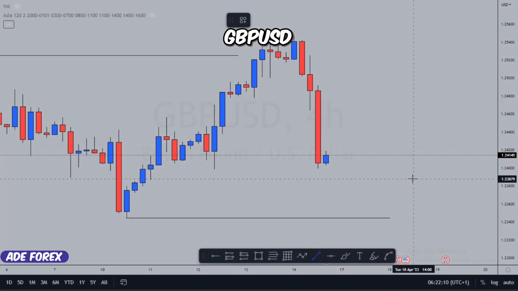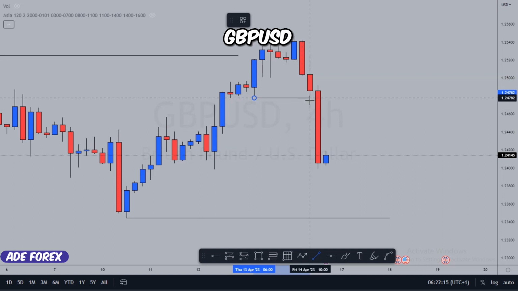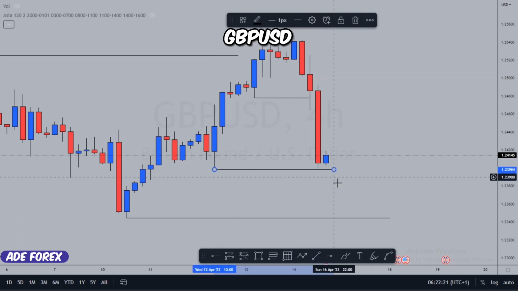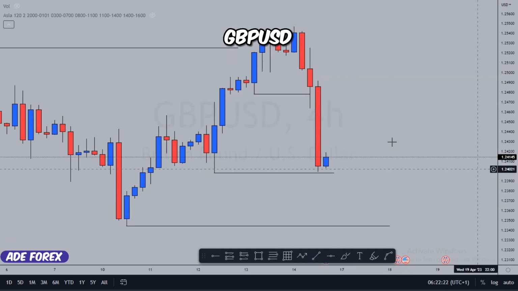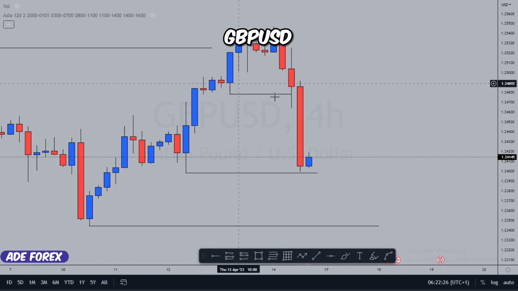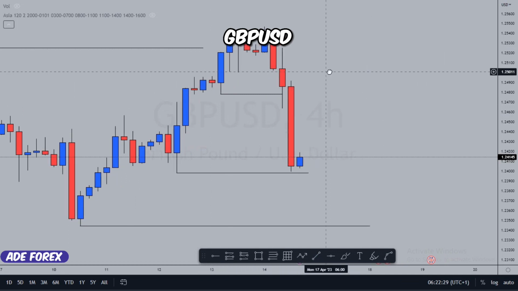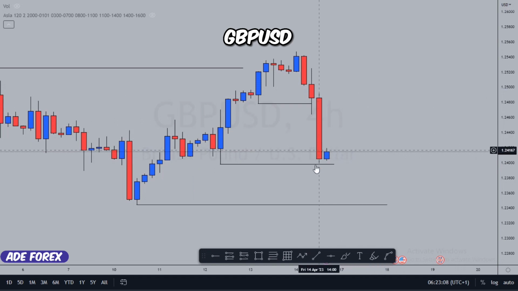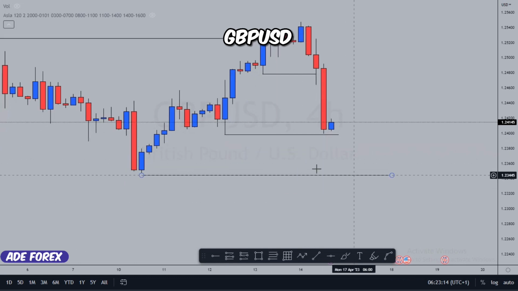Now, following the 4-hourly time frame market structure, we can see that the market actually broke this low, if you want to use this low as your low. And if you want to use this other low as your low, the market is yet to break it, right? So using this low, we can see the 4-hourly time frame is kind of bearish. So basically, as long as we do not break this low... but if we eventually break this low in the coming week, I'll be looking at this low.